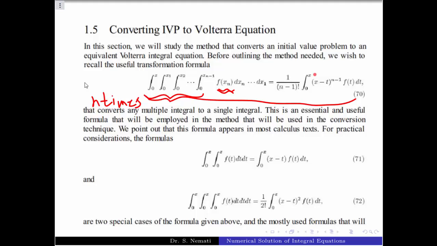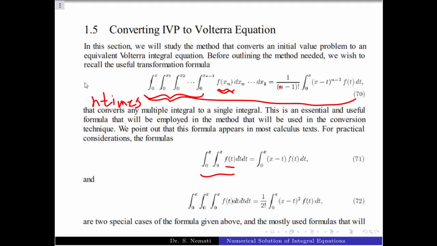So this formula is very important for us to transform an initial value problem to an equivalent Volterra integral equation. For example, if you apply the integral 2 times to the function f, it is equal to the integral of (x minus t) f of t dt from 0 to x.